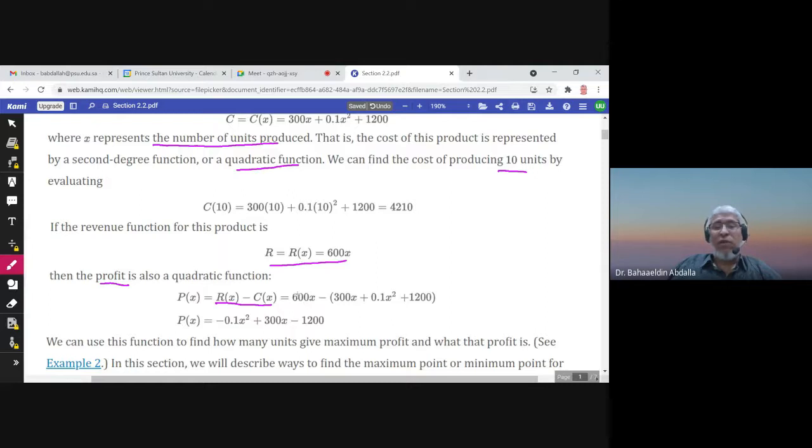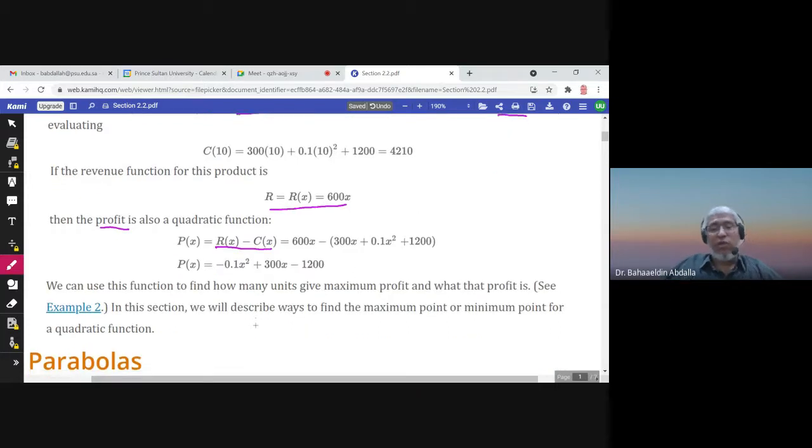If you subtract revenue minus cost, you will get a second degree or quadratic function. So the profit would also be a quadratic function. Now we can use this quadratic function to find how many units give maximum profit and what the maximum profit is. Okay, we will see that in example 2.